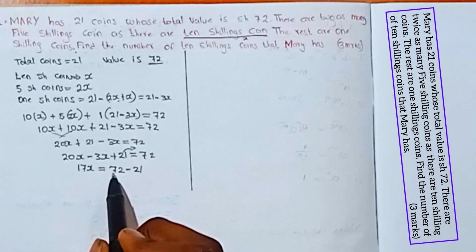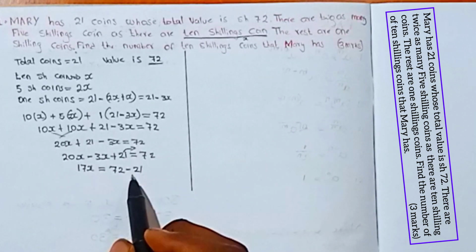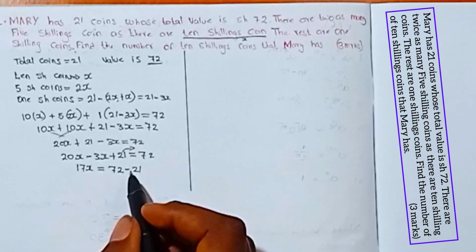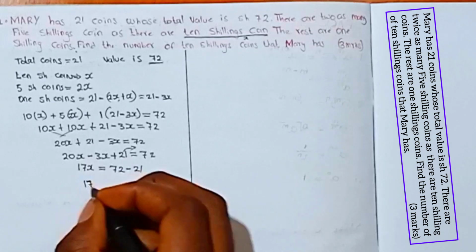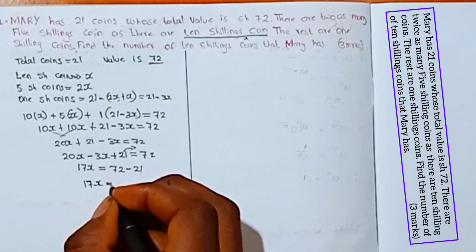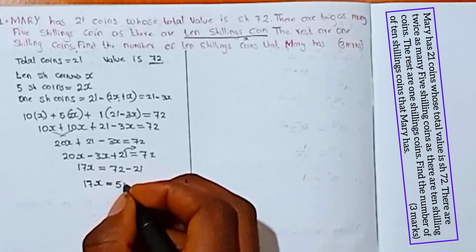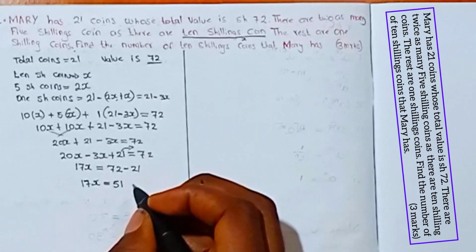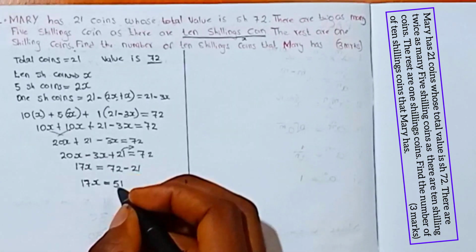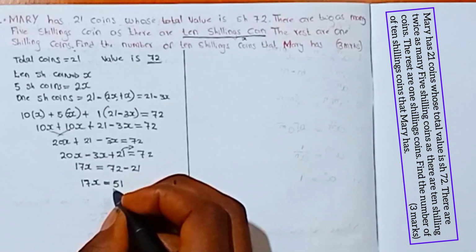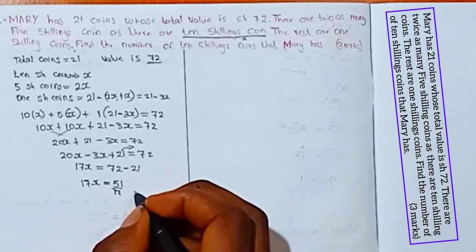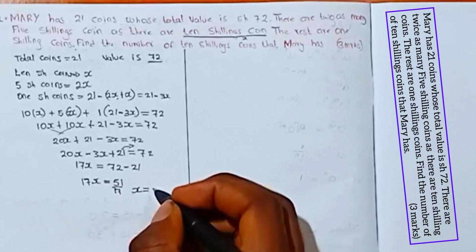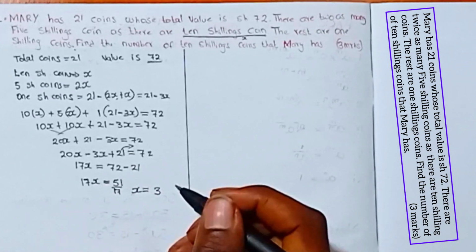So when we subtract here, we're going to have 51. So 17x equals 51. So that we can get the value of x, divide both sides by 17. So x equals 3.